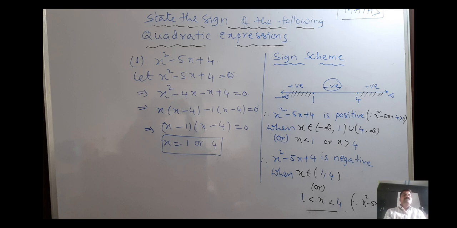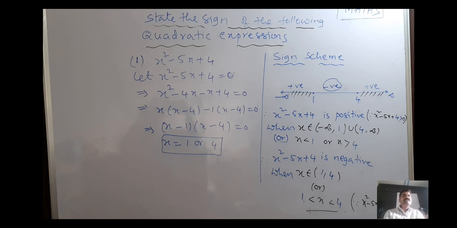So to study the sign of the quadratic expression, it involves only 2 steps. Step 1, factorize the given expression and find out the roots. Step 2, apply the sign scheme and decide where it is positive and where it is negative. For example, here the expression is x square minus 5x plus 4.